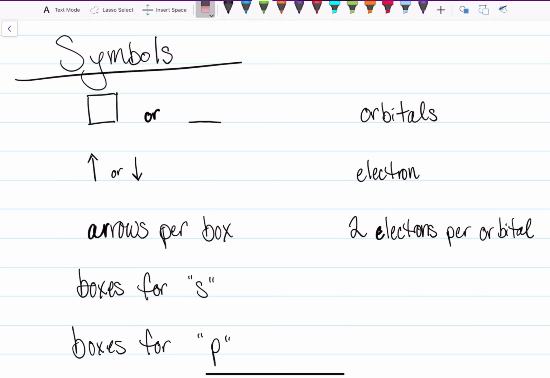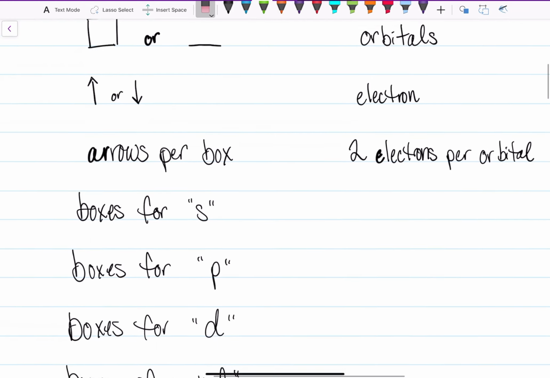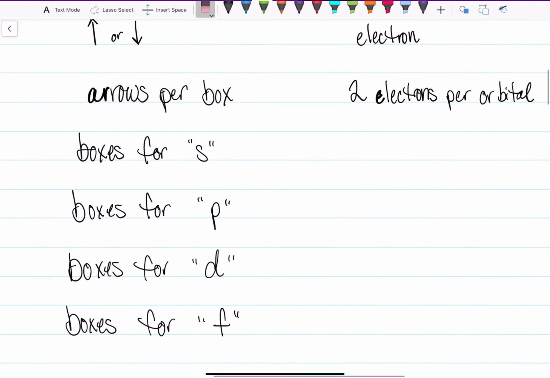You should never have more than 2 arrows inside a box or on a line. Whenever we are drawing these, you're going to notice that there's only 1 box for S. There will be 3 boxes for P, 5 for D, and 7 for F. And remember, when we say boxes, we're really talking about orbitals. And they're going to be drawn like this.